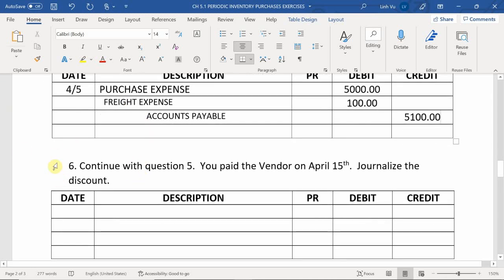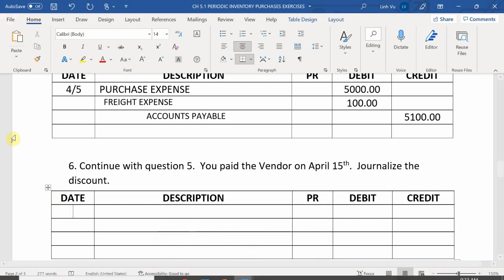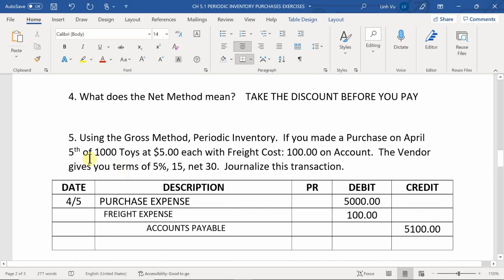Number 6 says continue with question number 5. You paid the vendor on April 15. Journalize the discount. When did I purchase the asset? On April 5th. And what were the terms? 15 days.